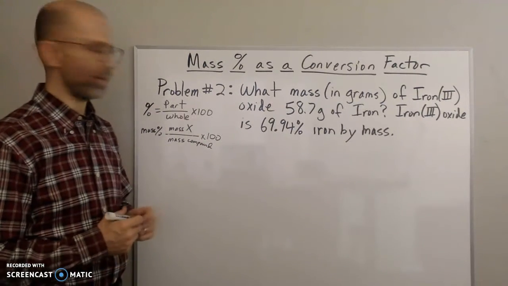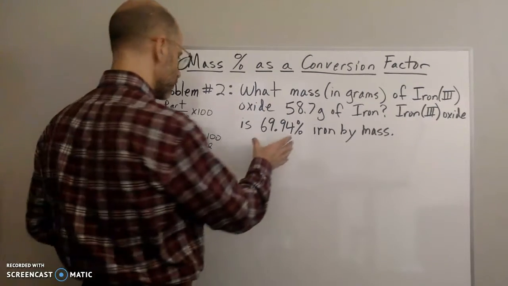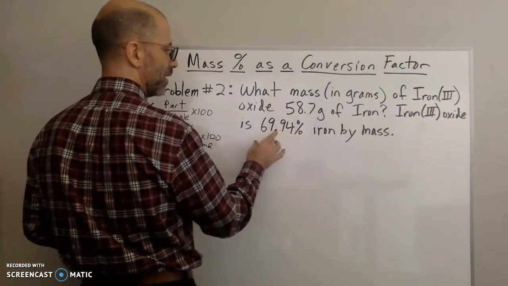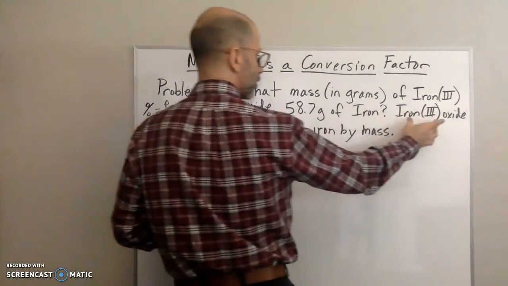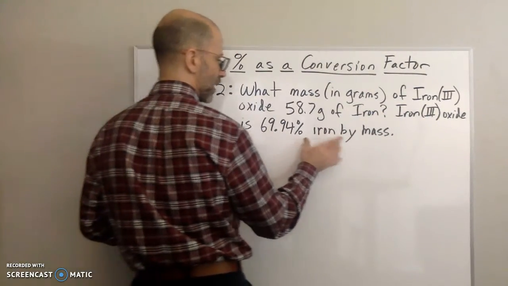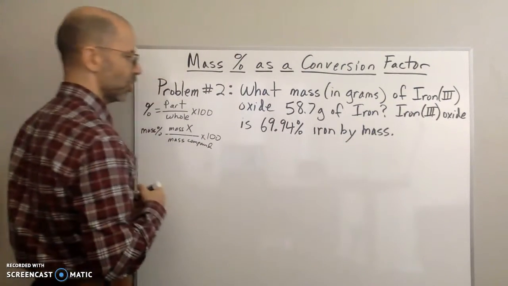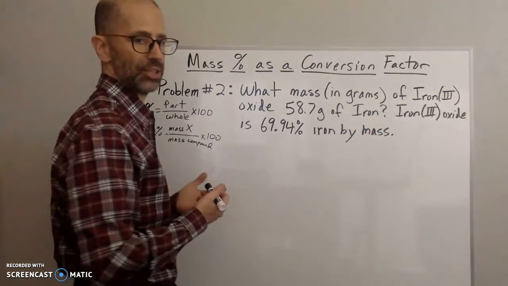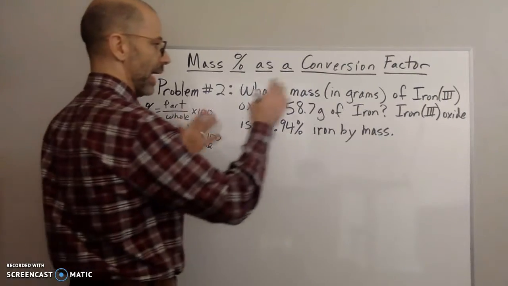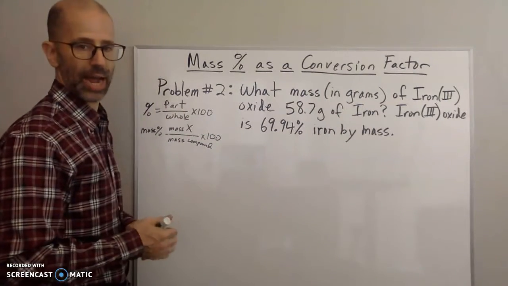So for example, in this example, I am told that iron 3 oxide is 69.94% iron by mass. So that gives me a relationship between iron, which is the part, and the whole, which is iron 3 oxide.